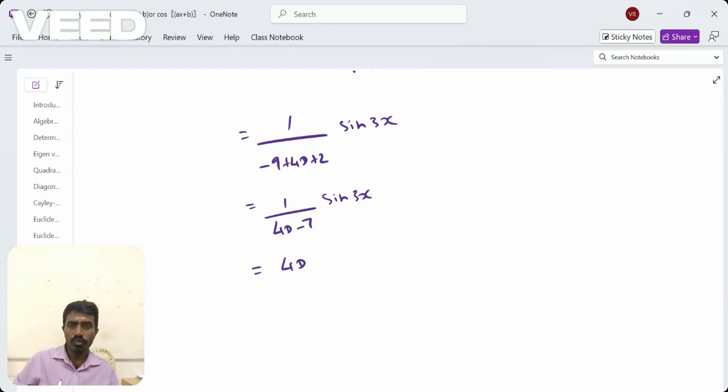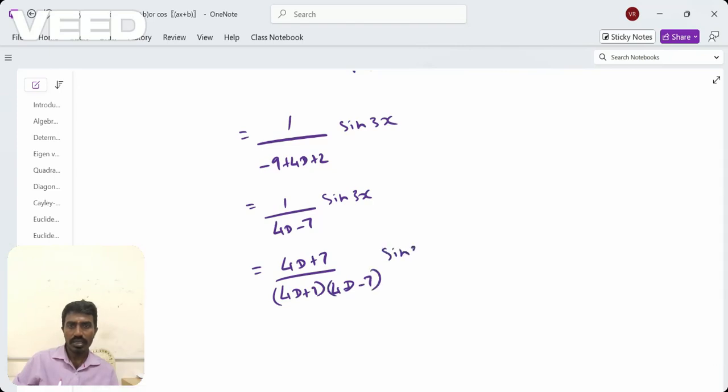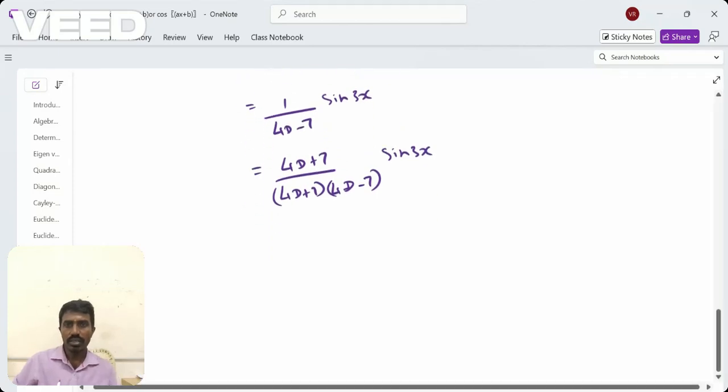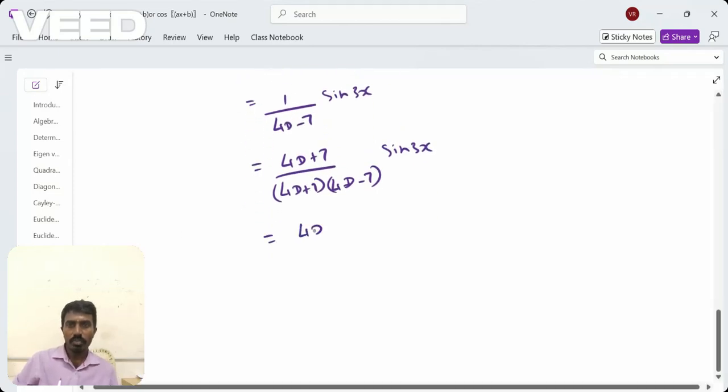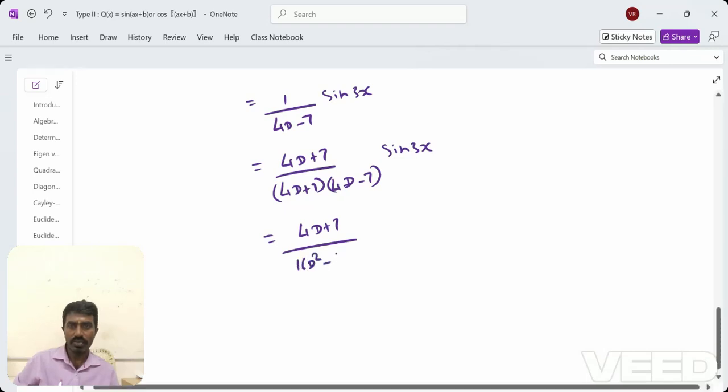So what you may get is 4D plus 7 by 4D plus 7 into 4D minus 7 into sine 3x. This is of the form a plus b into a minus b, so a square minus b square, that is 16D square minus 49 into sine 3x.